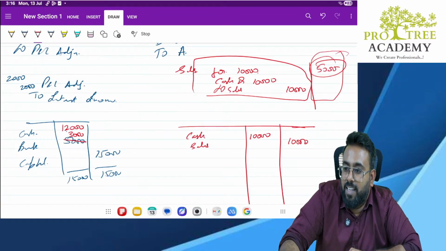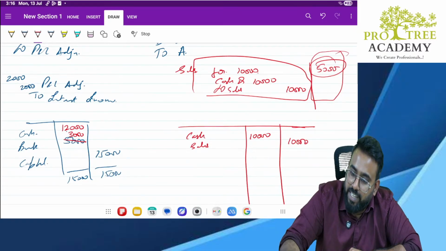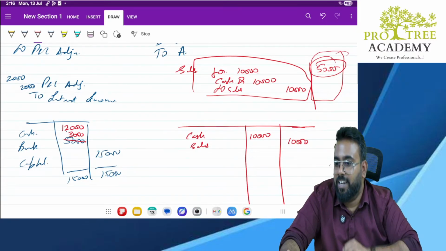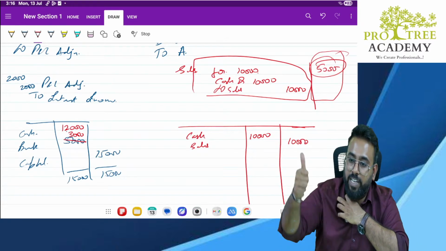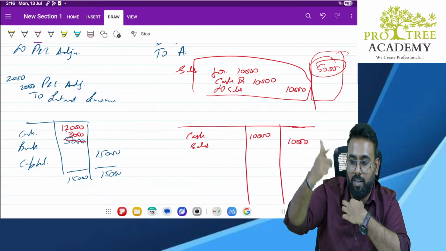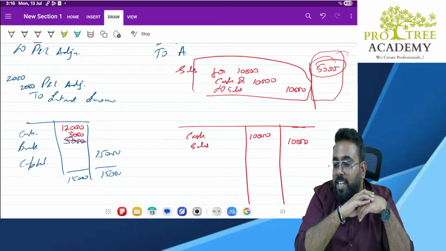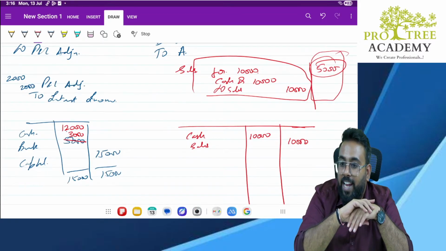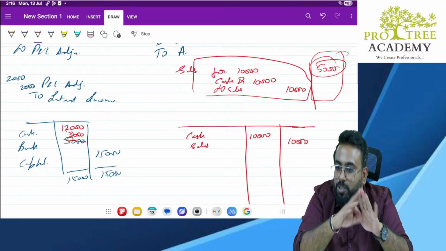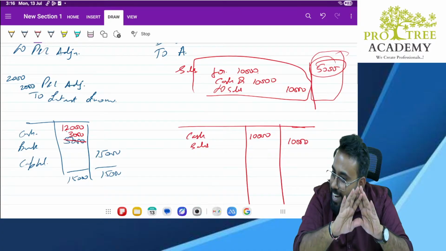As simple as that. The same happens with compensating error. You will not get to know. Clear? So there are two difficulties in finding errors: error of omission and compensating errors. Next comes error of principle, sir. Error of principle is also similar to that, sir. Again, the trial balance will reconcile.